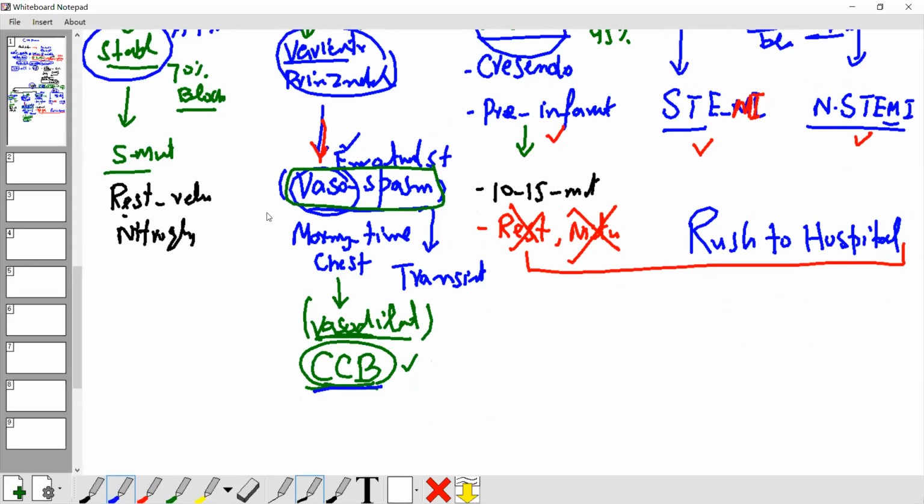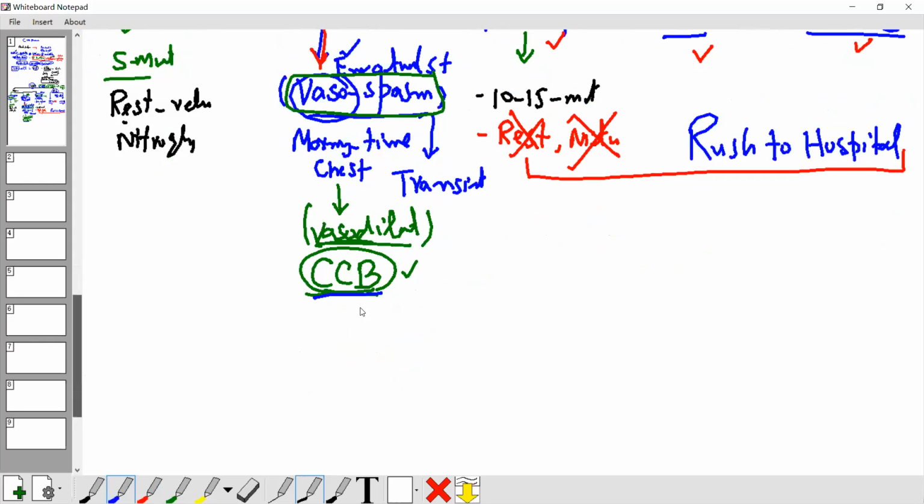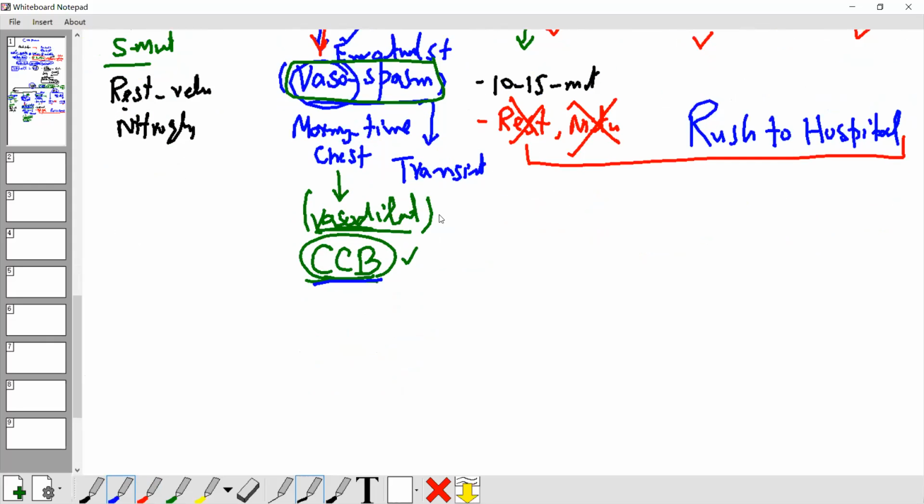Which drug of abuse causes Prinzmetal angina? I'll give you a hint: number one morphine, number two codeine, number three cocaine, number four alcohol. Which one? Cocaine. Why cocaine? Cocaine is a sympathetic agonist and causes very strong vasospasm.